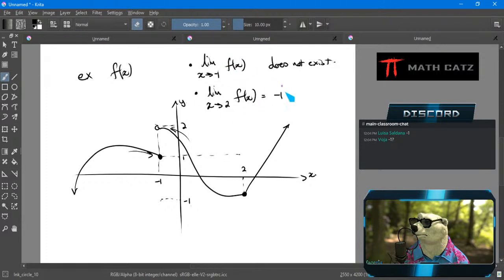Does my answer change if I do that? Meaning it's not defined at 2. There is no y value for some reason. I'm just artificially making this function. Does my limit question's answer change? Yes or no?